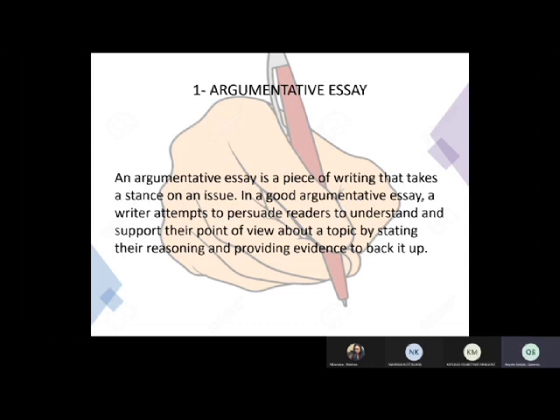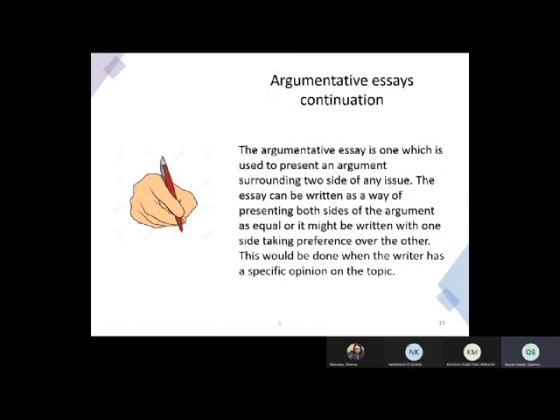So you attempt to persuade the reader, you support your stand, your arguments, and this is usually supported by enough evidence, right? So the argumentative essay is one which is used to present an argument surrounding 2 sides of an issue. Generally an argumentative essay will go like, do you believe in equality between men and women, for example? So there are 2 stands there. You either believe in it and then you give reasons why they could be equal, or you don't and you give reasons why they can't be equal.